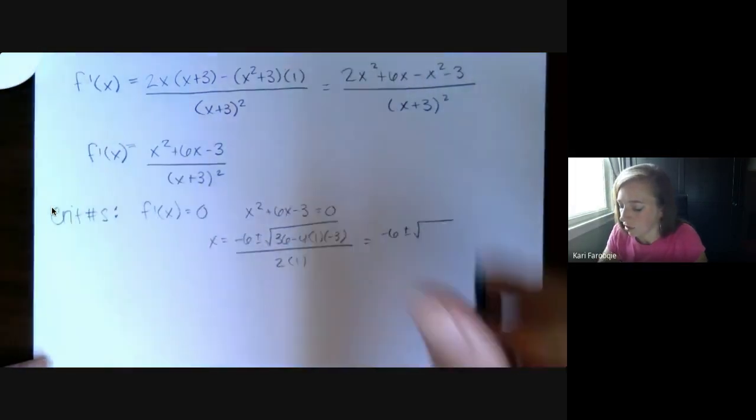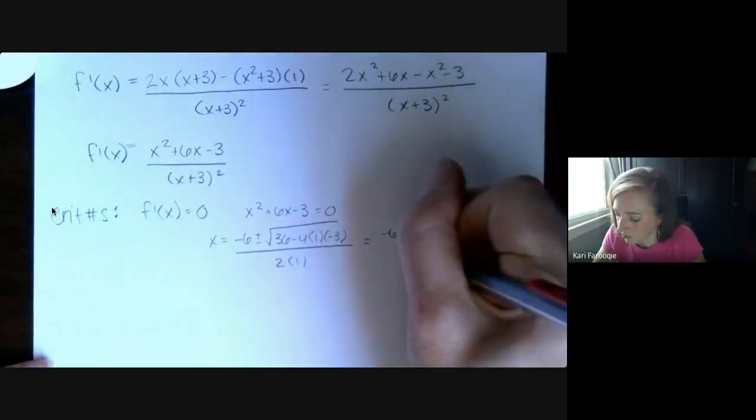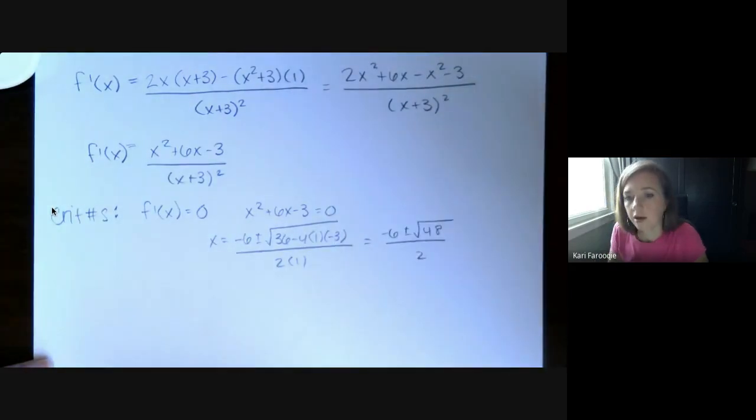36 plus 12 is 48. And remember, you're going to split up 48 such that you factor it using a perfect square factor. Technically, you could use 4. However, 4 is not the largest perfect square factor of 48. The largest perfect square factor of 48 is actually 16.